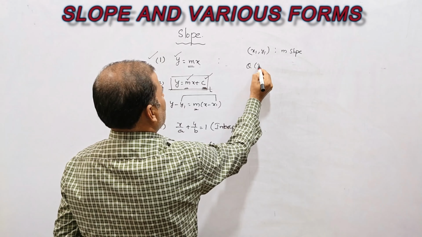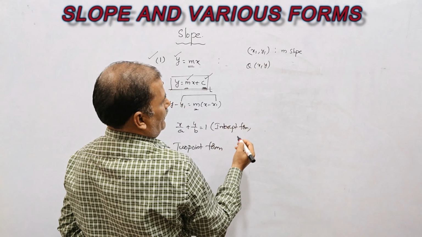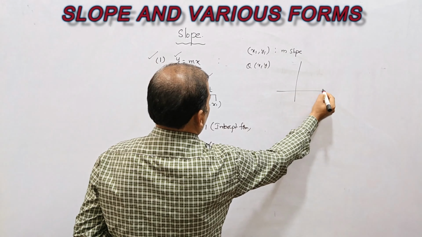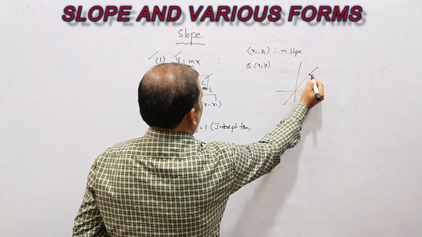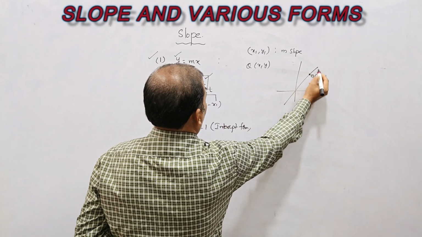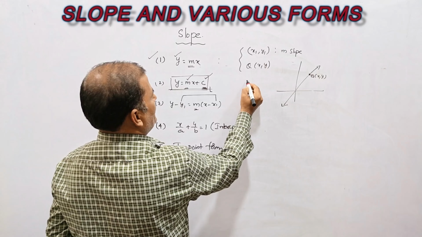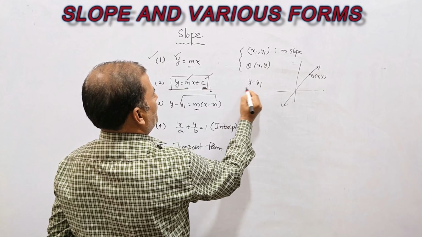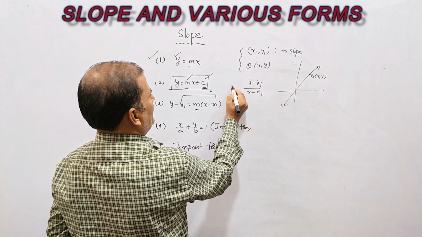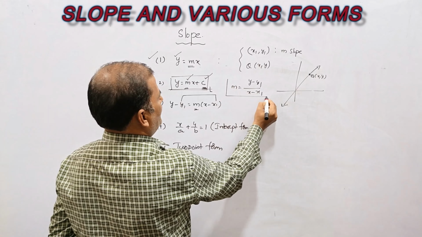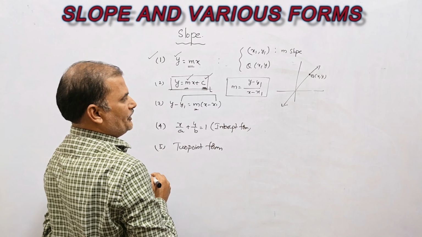Q is another point x comma y on the line. Whatever figure we drew previously, Q x comma y is the point on the line. Then the slope of these 2 points is y minus y1 by x minus x1. Slope is equal to y minus y1 by x minus x1.